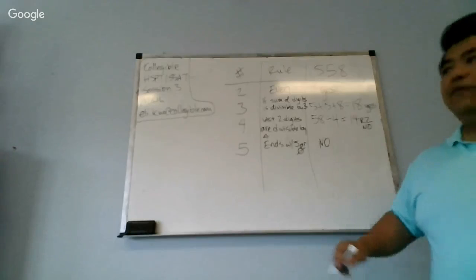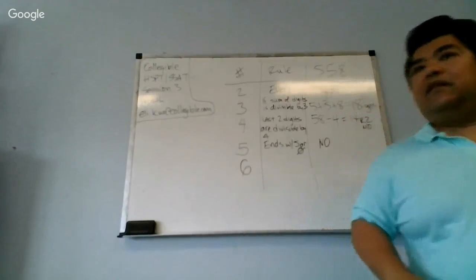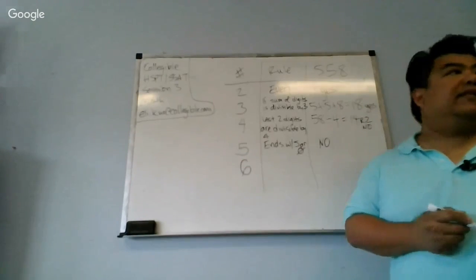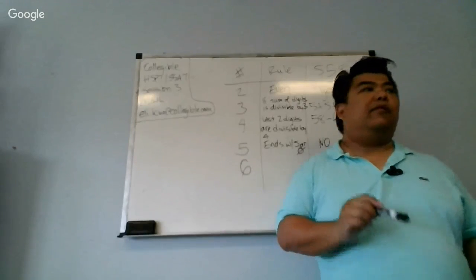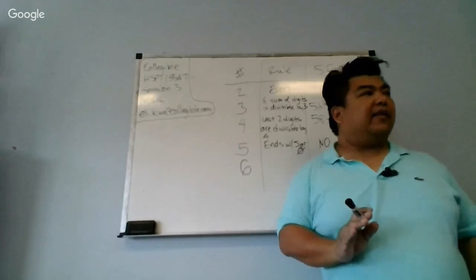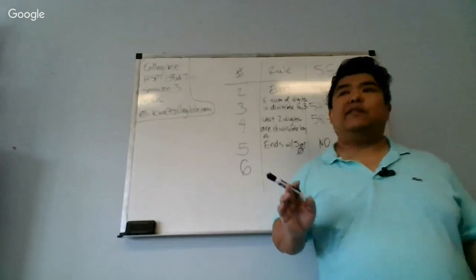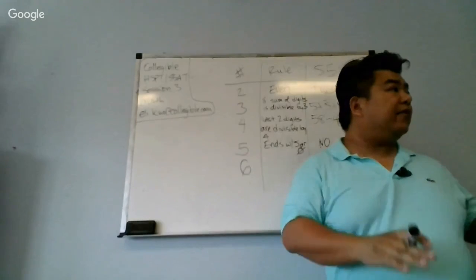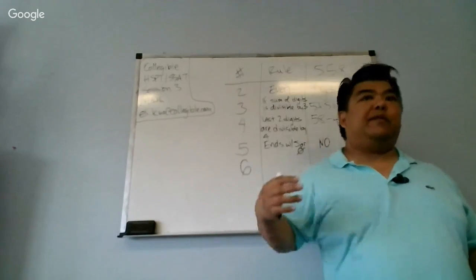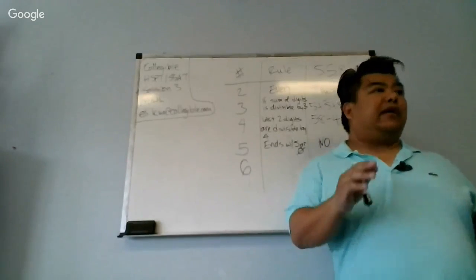Okay. Who knows the rule for 6? Anybody know the rule for 6? The rule for 6 is that a number is divisible by both 2 and 3. It's not an either or. Either or means, oh, it's divisible by 3, so it must be 6. But it is not that.